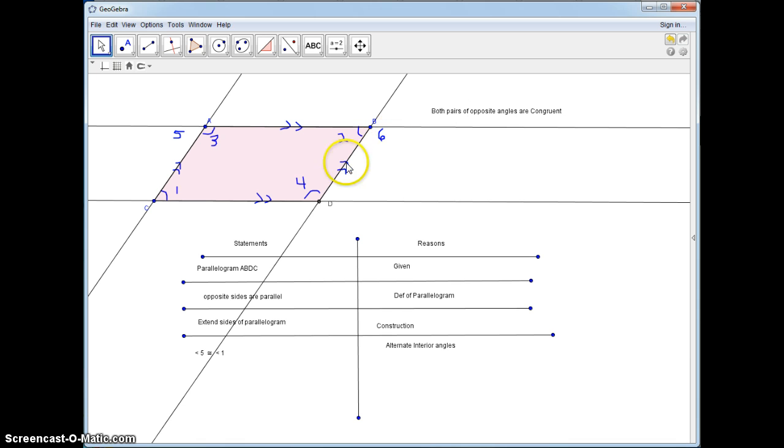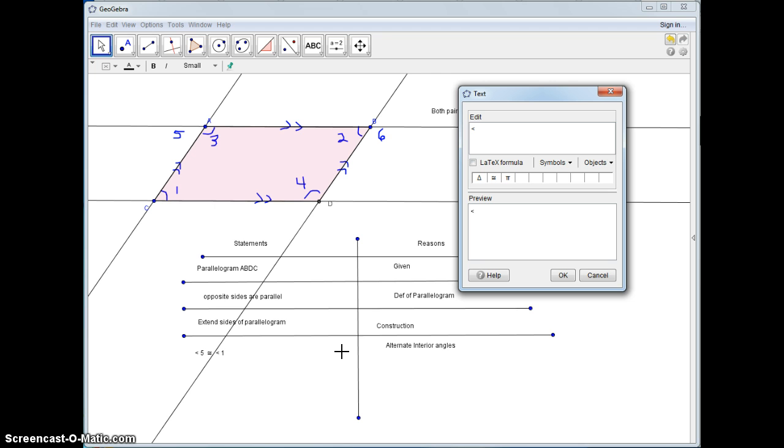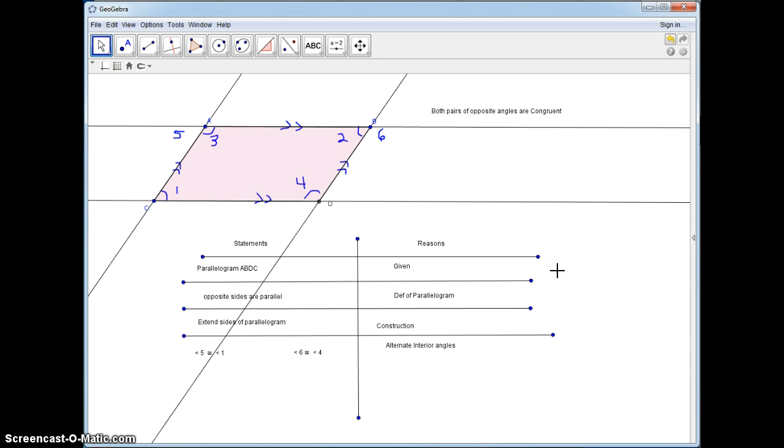Similarly, 6 is an alternate interior angle to 4, so we will write that down too. Those are alternate interior angles.